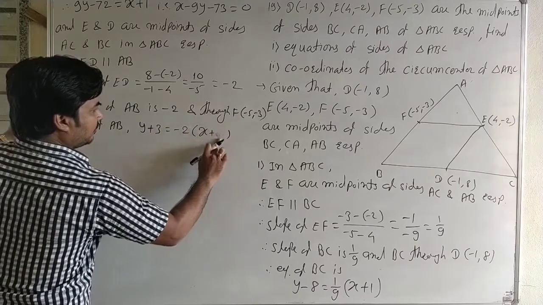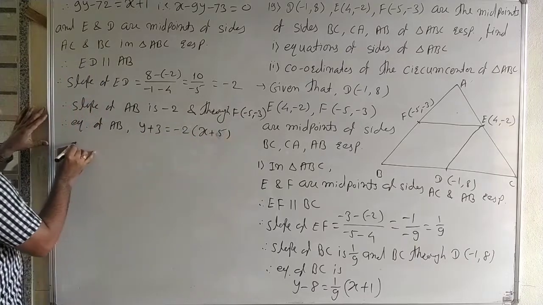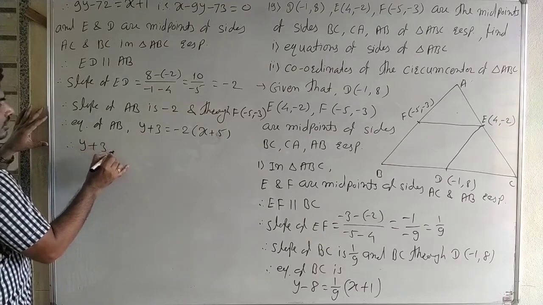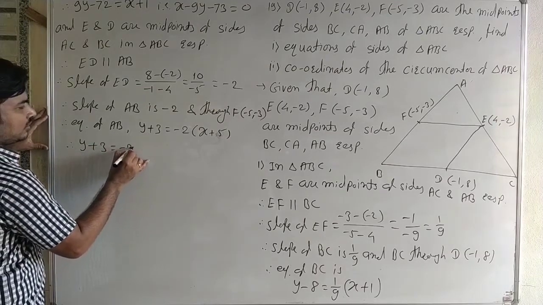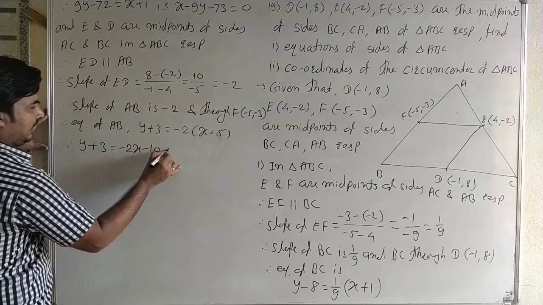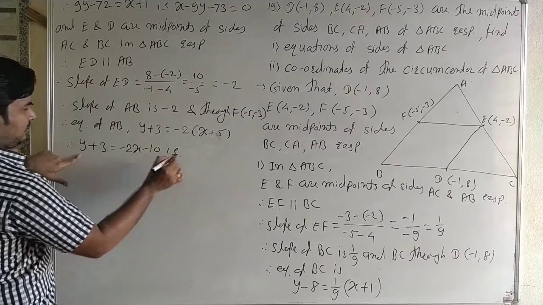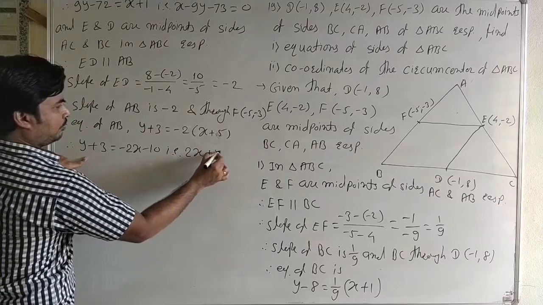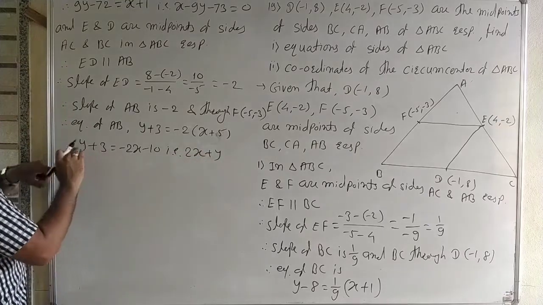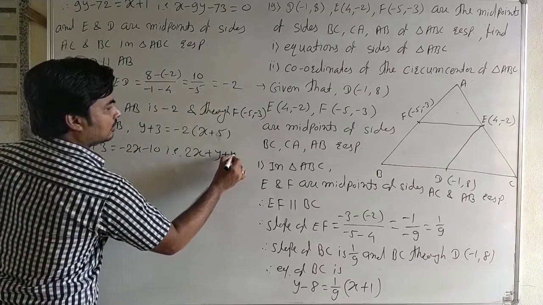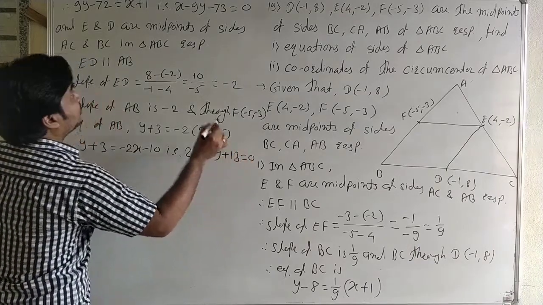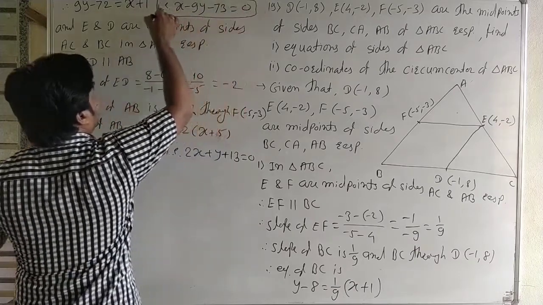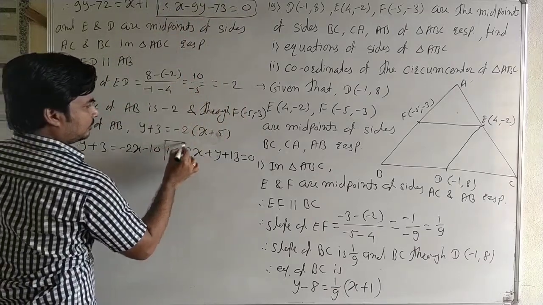Then y plus 3 is equal to minus 2x minus 10, so the equation of AB is 2x plus y plus 13 is equal to 0. Here is the equation of one side.